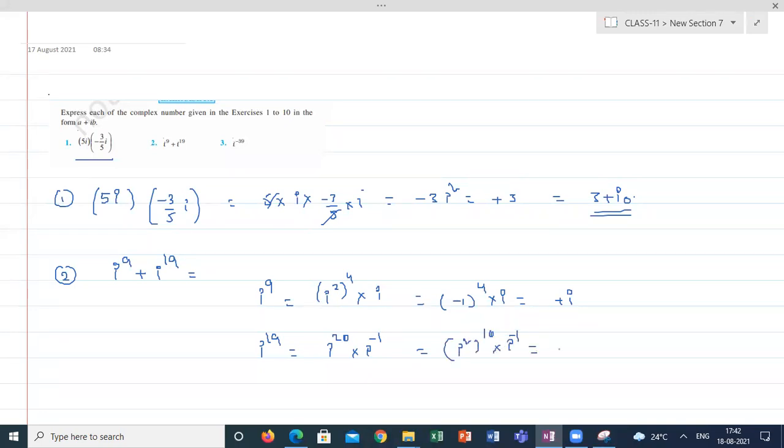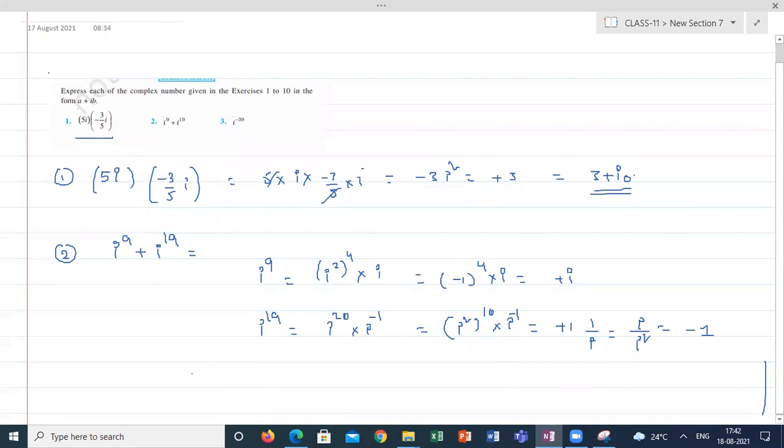What is the meaning of i power minus 1, guys? Minus i. Is it minus i? Agree? Yes, sir. Minus i plus 1 into 1 by i, that is i by i square. This is minus 1.